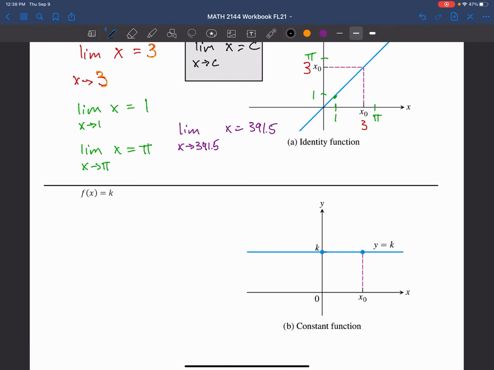This other function down here below is the constant function. So notice that k is a constant. To make this more concrete, let's just let k equal to 3. So let's consider f of x equal to 3.